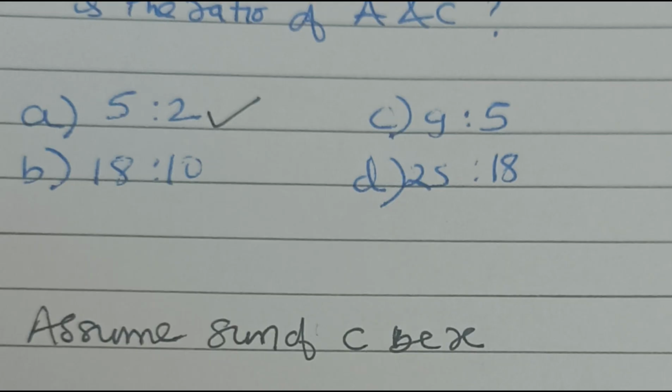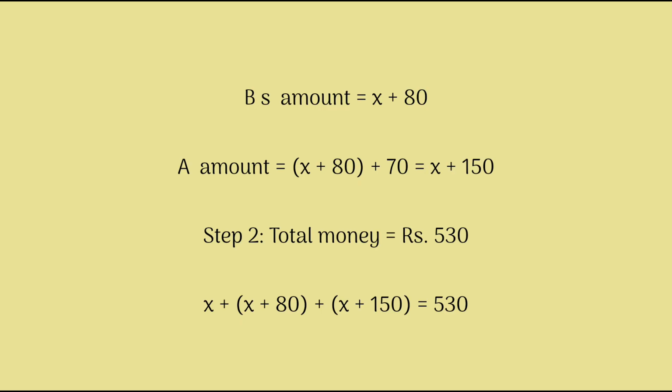Let C's amount be x, then B's amount is x plus 80. A's amount is x plus 80 plus 70, which comes out to be x plus 150. So the total amount, that is 530, is x plus (x plus 80) plus (x plus 150).